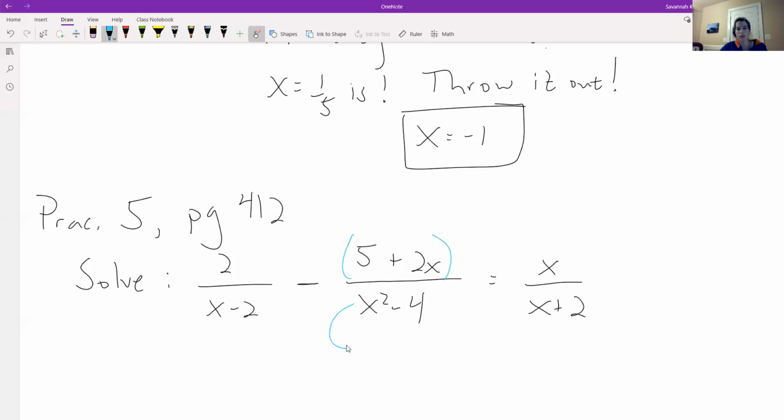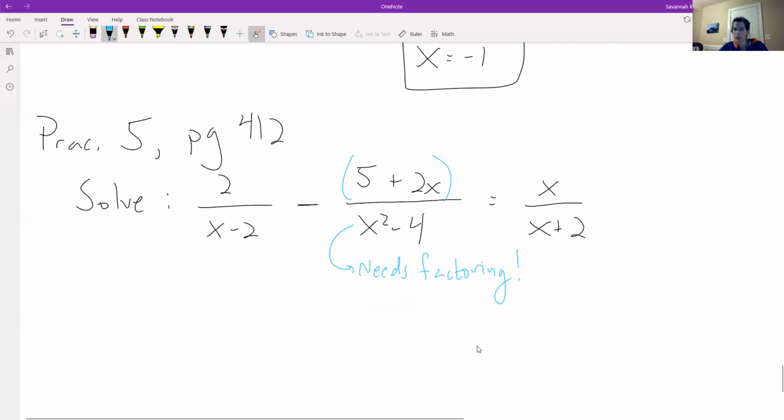The next thing that we need to talk about is that x squared minus 4, that needs factoring. Now, it doesn't need the AC method. We can't do that. X squared minus 4 is the same thing as x squared minus 2 squared.